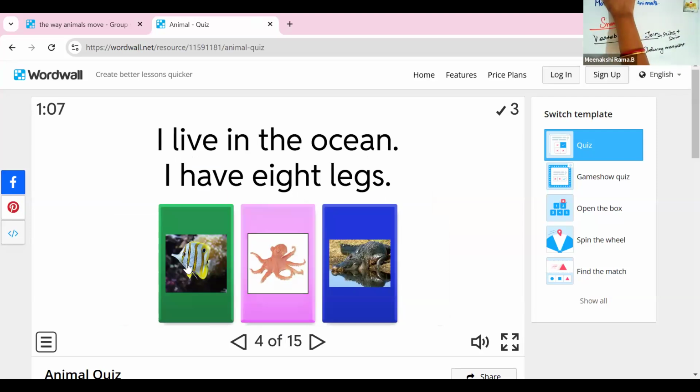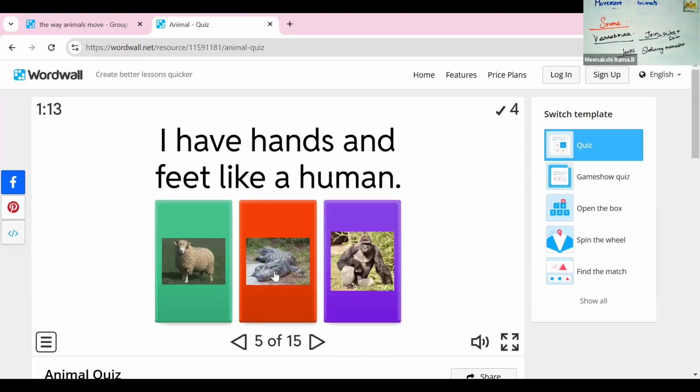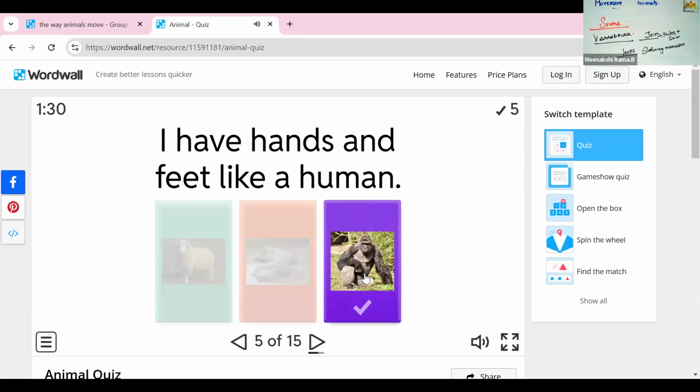Yes, the octopus. This is the right answer for that, the 8-legged animal. And next: I have hands and feet like a human. Who looks like a human? Sheep, crocodile, or monkey? Yes, the monkey looks like a human.